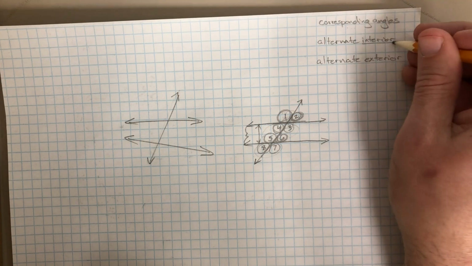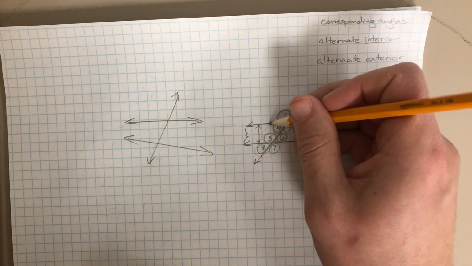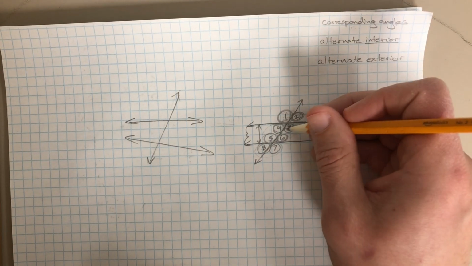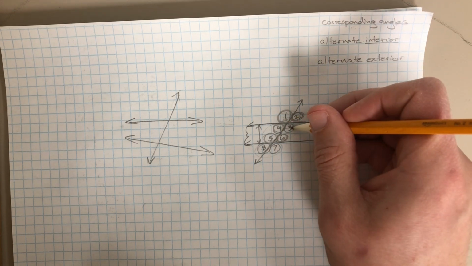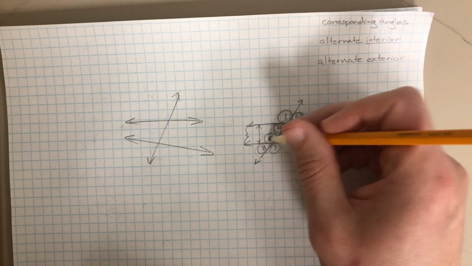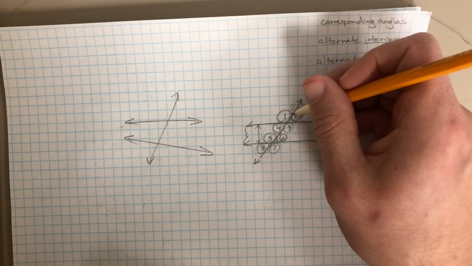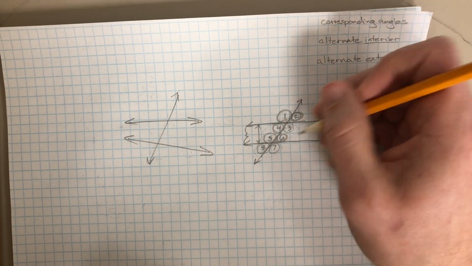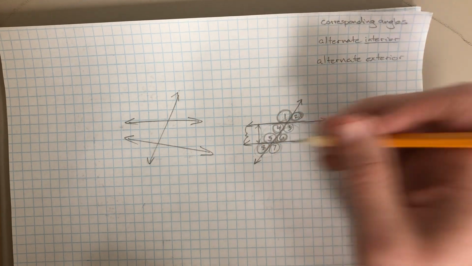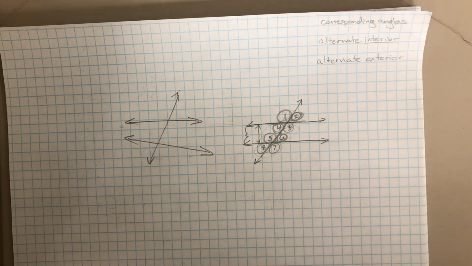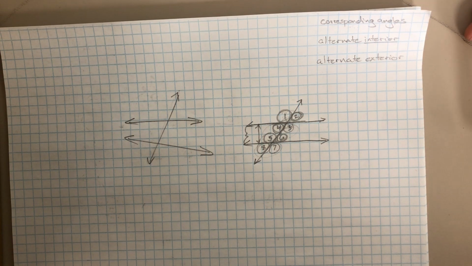So if you hear alternate interior, remember, in between these two lines are interior. On the opposite sides of the transversal, on the interior, these two are alternate interior. These two are alternate interior. These, 1 and 7, are alternate exterior, and 2 and 8 are alternate exterior.